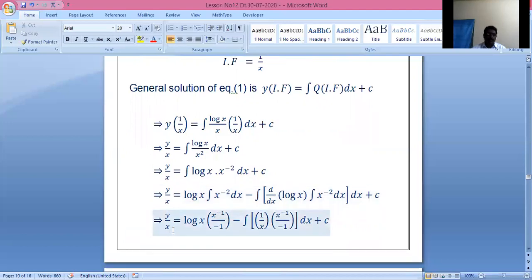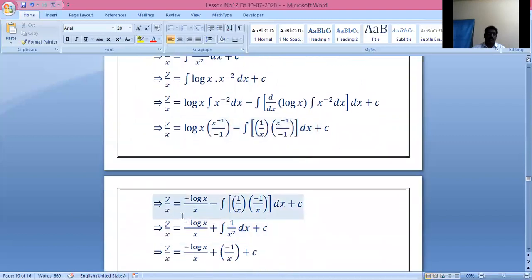That implies y by x into log x. Here integration of x to the power of minus 2 dx is x to the power of minus 1 by minus 1, minus integration of, here d by dx of log x is 1 by x, into integration of x to the power of minus 2 dx, which is x to the power of minus 1 by minus 1, whole dx plus c.